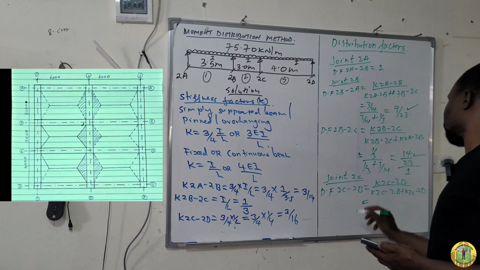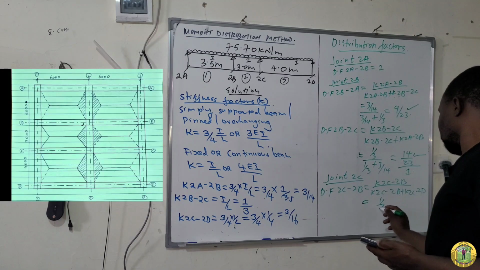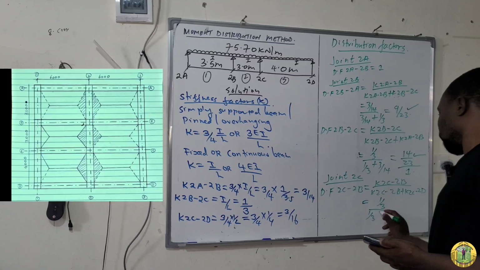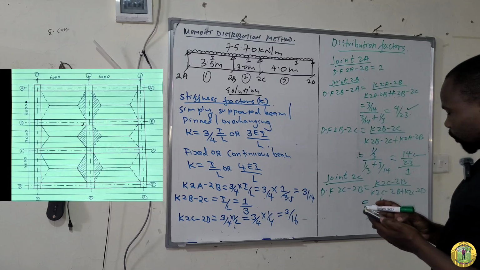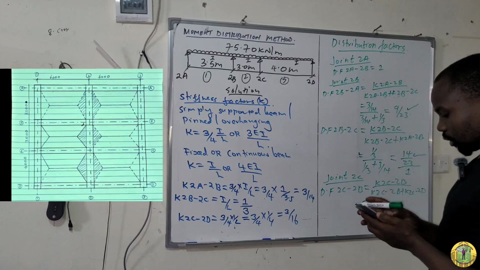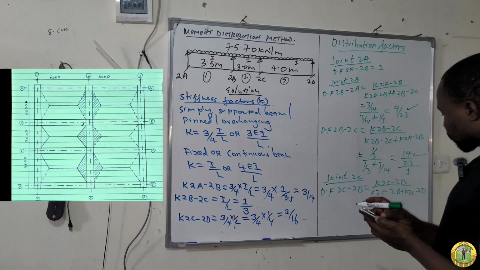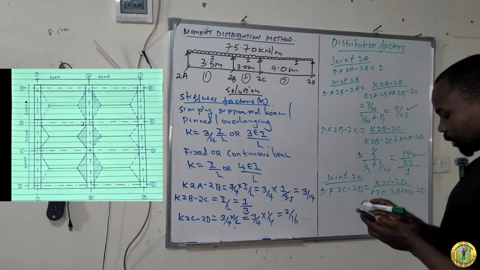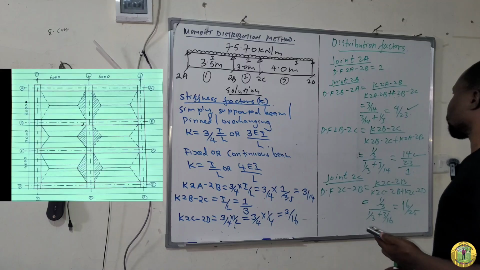So this one is equal to a third all over a third plus 3 over 16. So this is 1 over 3 plus 3 over 16. So this is 16 all over 25.